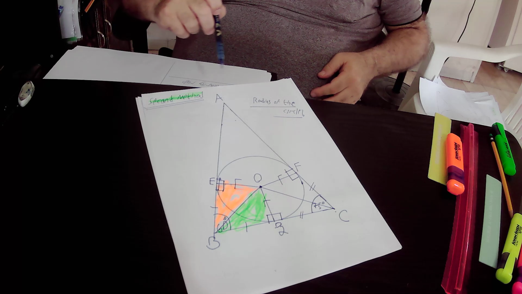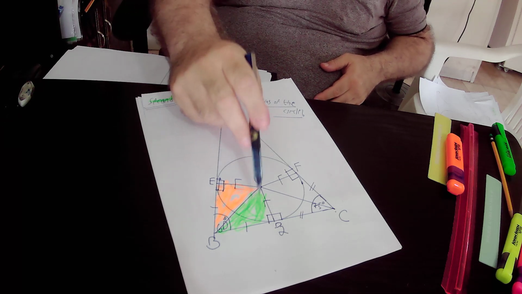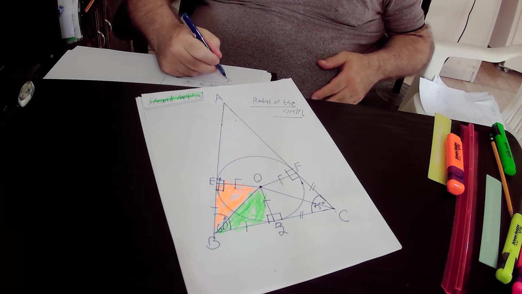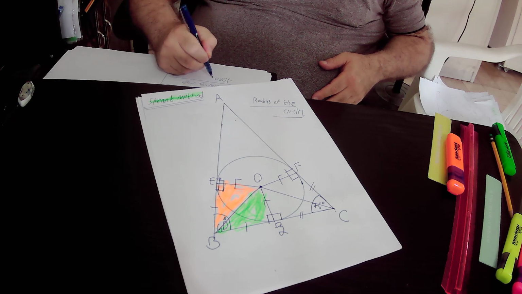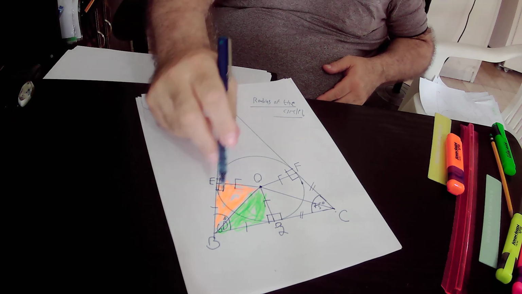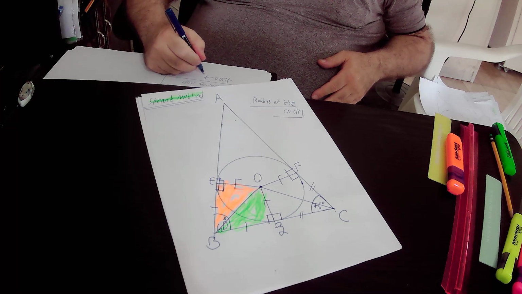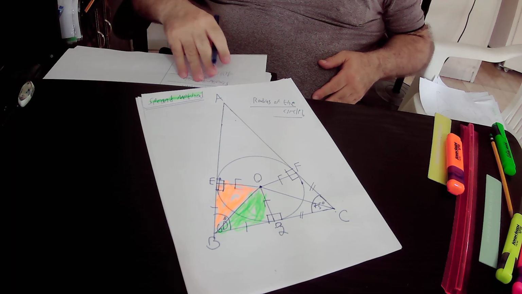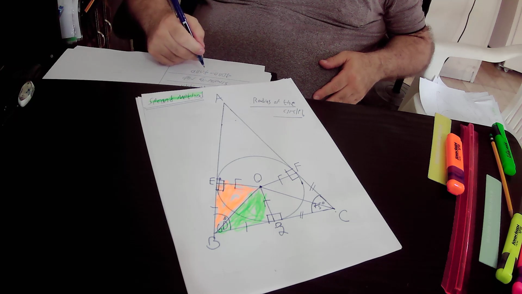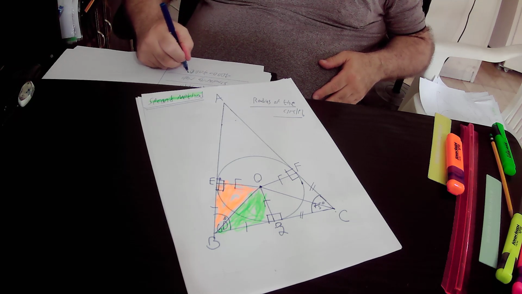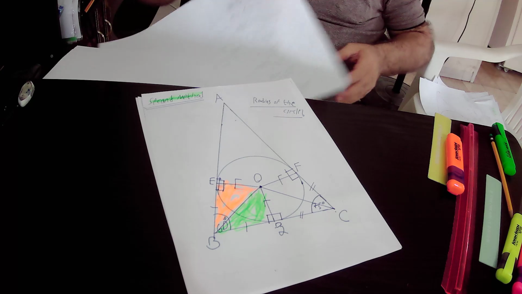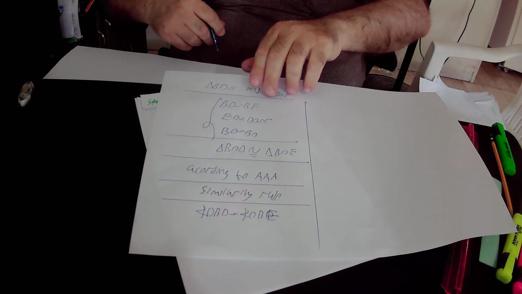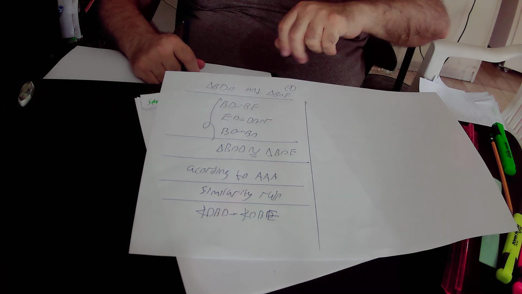That is to say, angle OBD in the green triangle must be equal to angle OBE in the orange triangle. Angle OBD equals angle OBE.